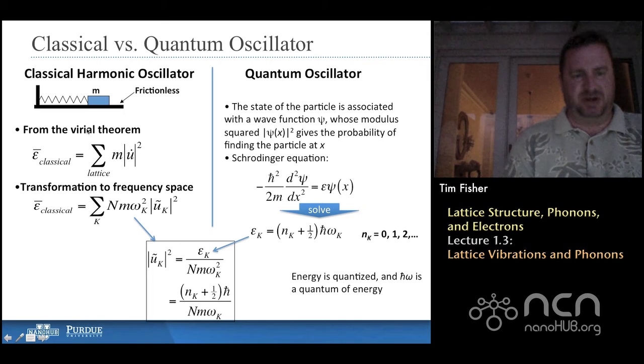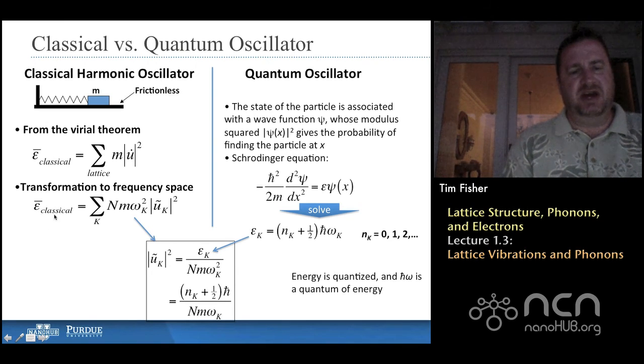And this comes from something called the virial theorem that we won't go through in detail, but it's certainly well documented. So then what we'd like to do, since we have some solutions for this displacement, remember those were the plane wave solutions, we can transform that to frequency space and just do a simple substitution.